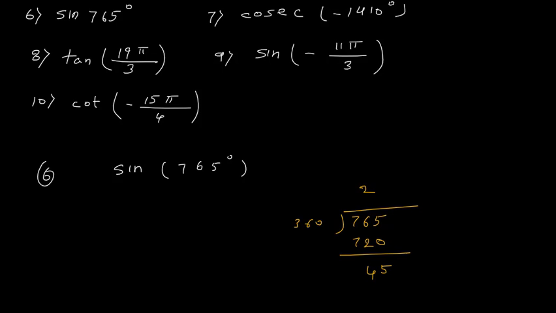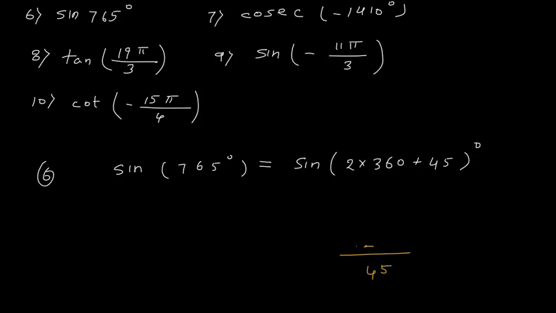So this is equal to sine of 2 into 360 plus 45 degree. Why have we done this? Because 360 degree represents a complete circle, and after a complete circle the values repeat. So we can eliminate this 2 into 360. So this will be equal to sine of 45.